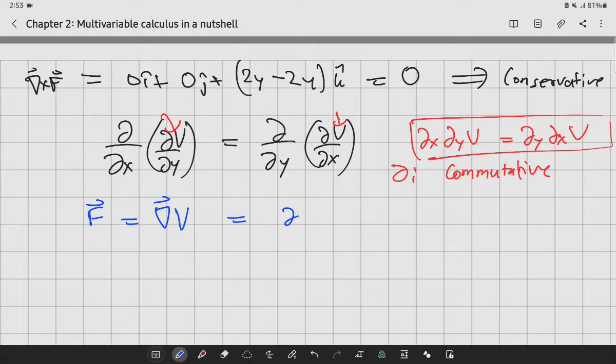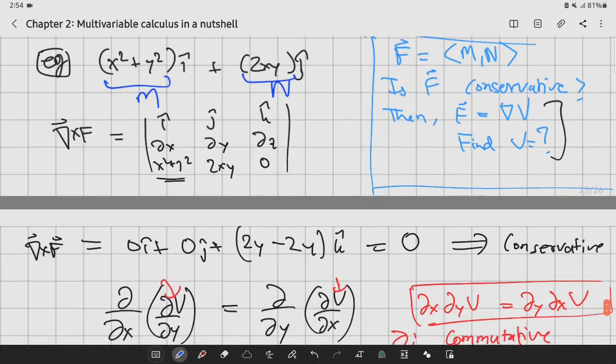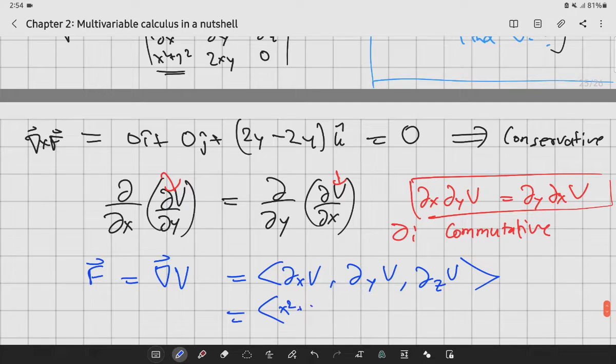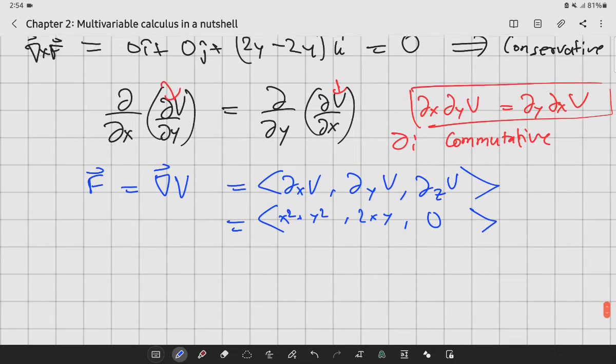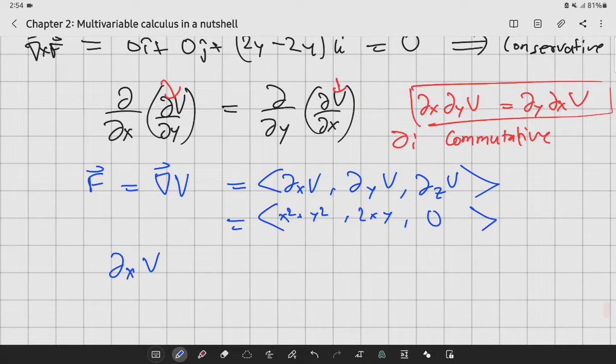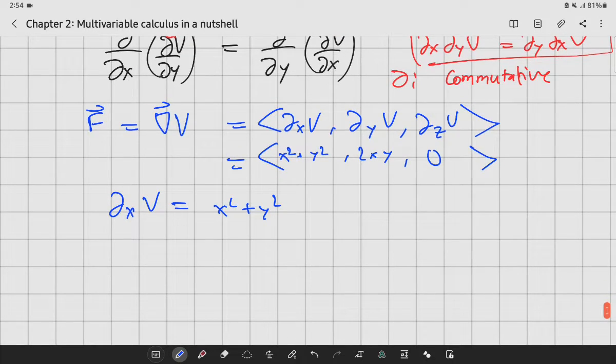So this is simply partial x V, partial y V, partial z V. F is given to you: x squared plus y squared, 2xy, and 0. Let's equate these things. Partial x of V equals x squared plus y squared. Now, how do I find V from here? You can do the most natural thing: apply the fundamental theorem of calculus, which is integrate both sides with respect to x.